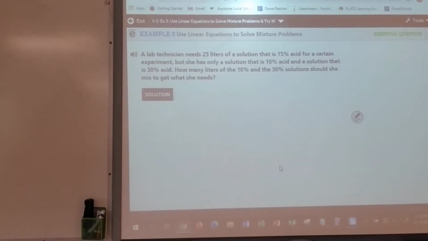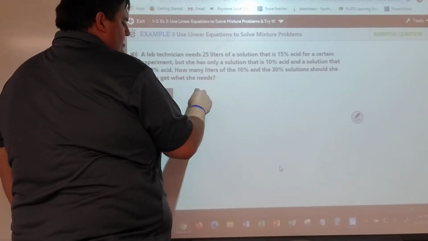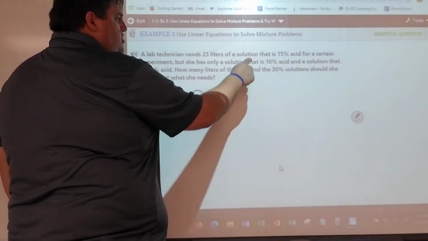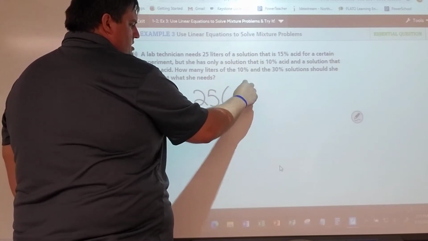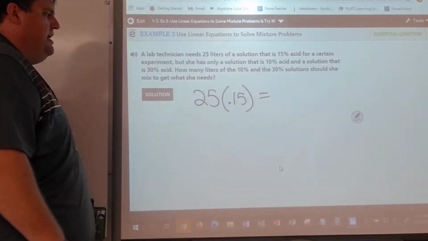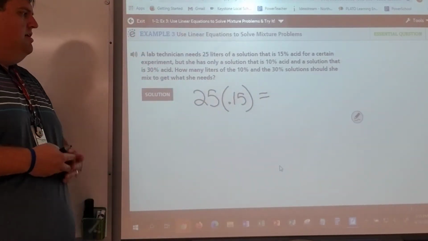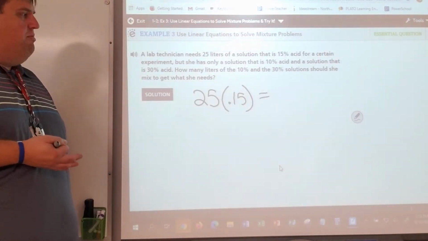So first thing we're going to do, let's start with this side here. We have 25 liters of a 15% solution, and we want that to equal these other two combined.